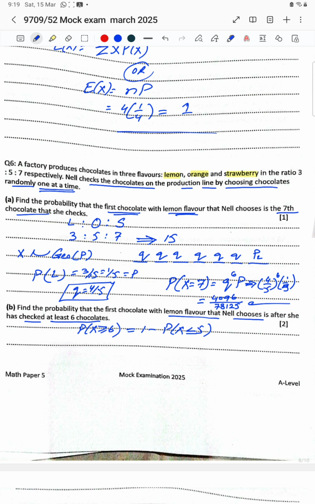So this is 2 marks, and needs some little calculation. We can say it's 1 minus the probability of X equal to 1, plus the probability of X equal to 2, plus X equal to 3, plus X equal to 4, and finally X equal to 5. We will find all these probabilities by the geometric distribution, where X follows a geometric distribution with probability p. P is what? 1 by 5.